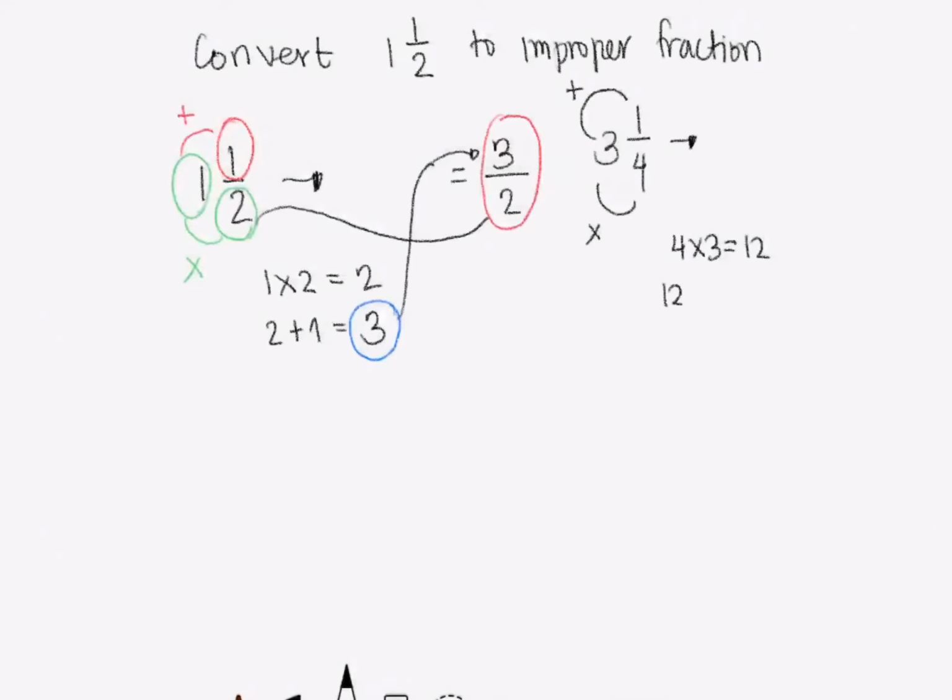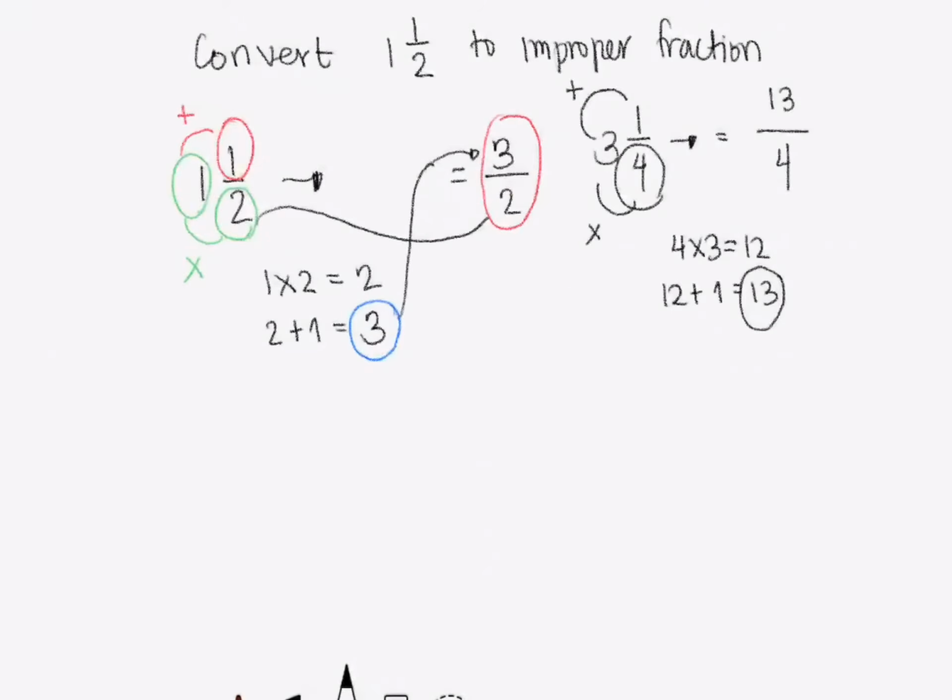So we have 12 plus 1 is equal to 13. And therefore, like what we did on the first example, our answer will be the new numerator. So we have 13 over, and the denominator will still be the same. So we have 4 as the denominator also. So therefore, our final answer is 13 over 4.